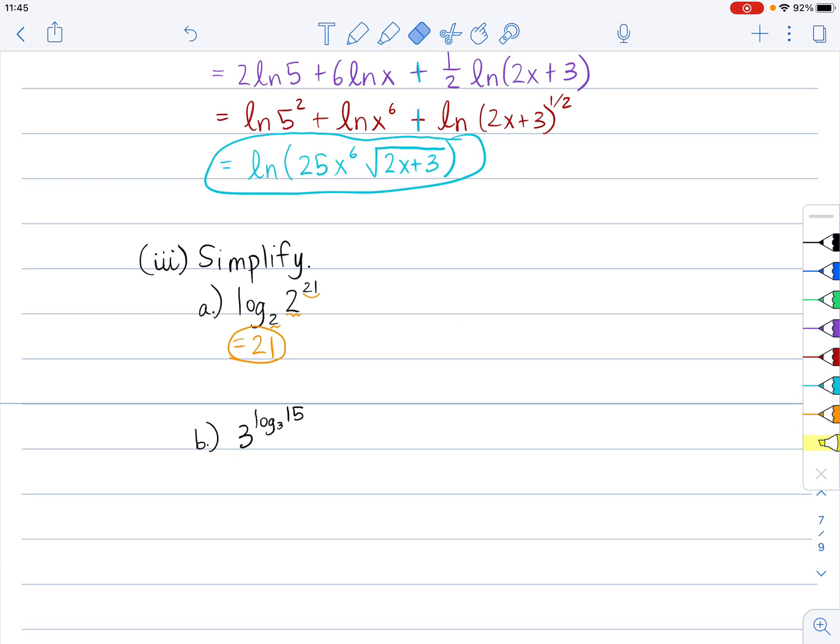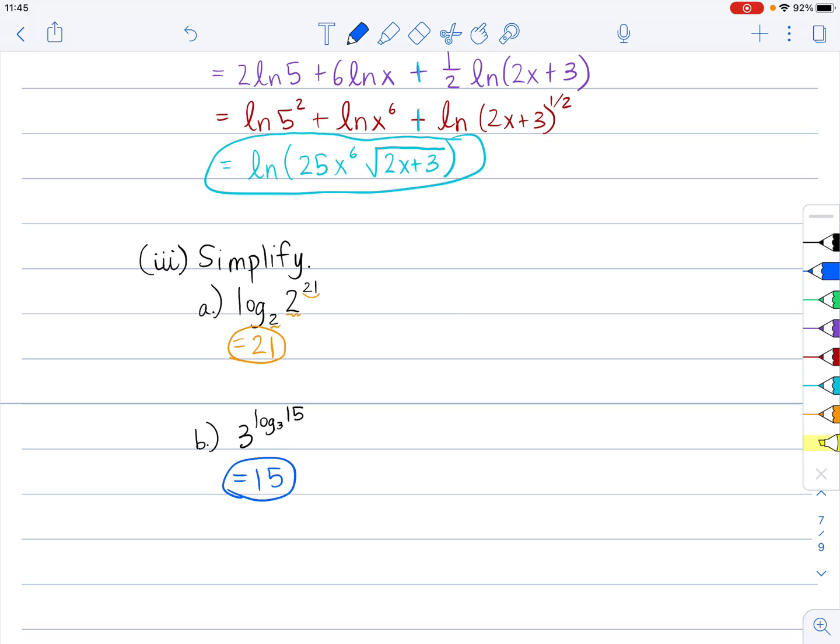Okay, so what about 3 raised to the log base 3 of 15? Well, according to that property, 3 raised to the log base 3 is supposed to cancel, and 15 falls out. All done.